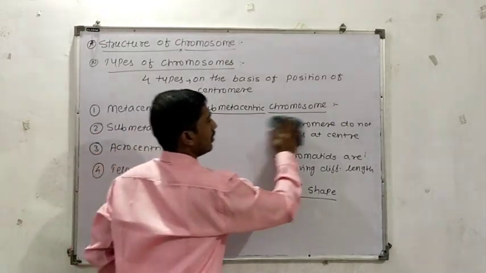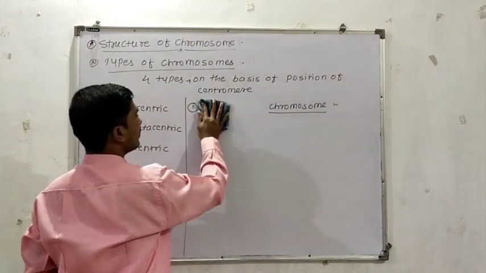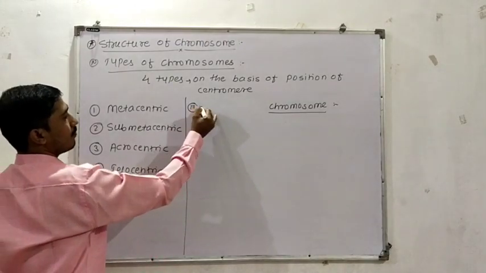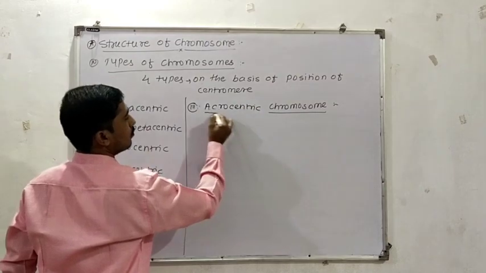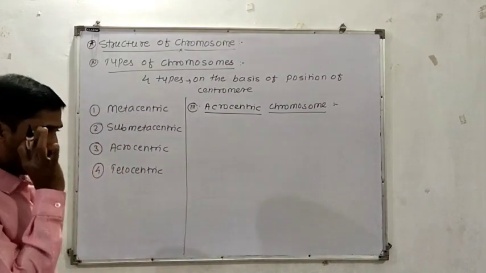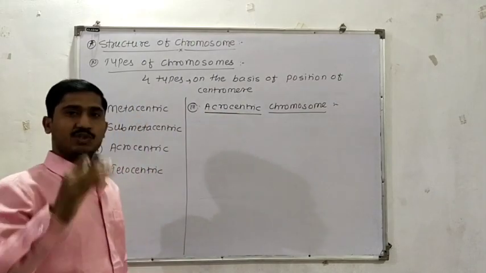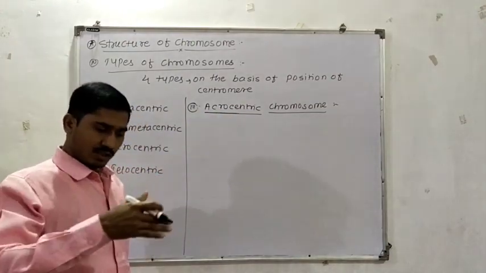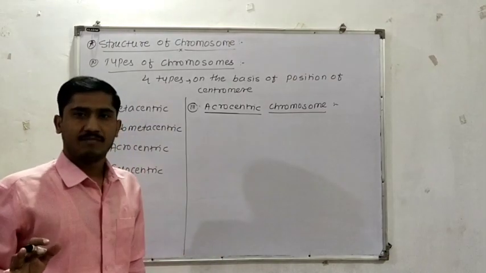Then next, the third type of chromosome is acrocentric chromosome. Acro. Here also, the word shows the position of centromere. So in case of acrocentric chromosome, centromere lies too far from the center.